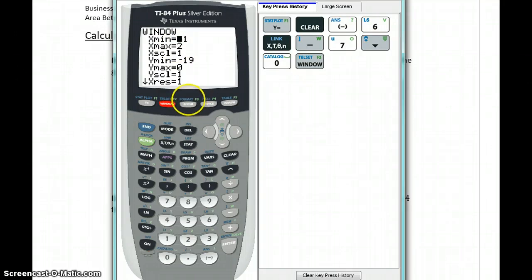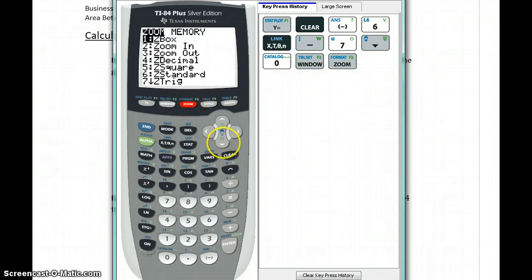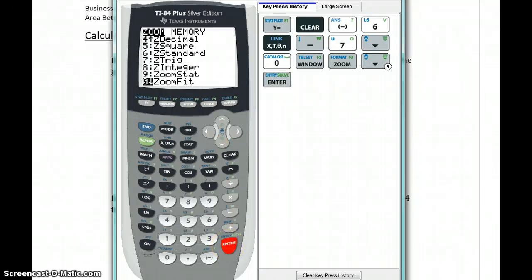And then to help your calculator zoom in to give you a better view of your graph, if you go to the zoom screen and down to the 10th option, zoom fit, this will automatically fit the y-axis to include your entire graph on the screen.